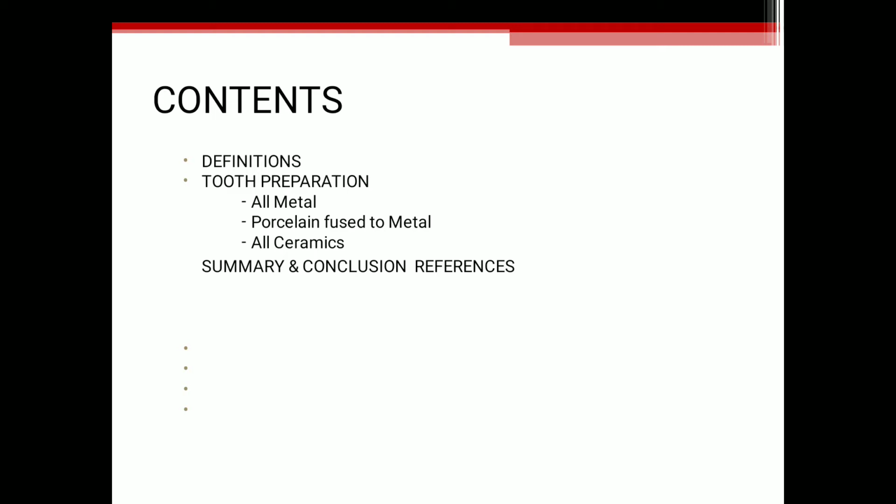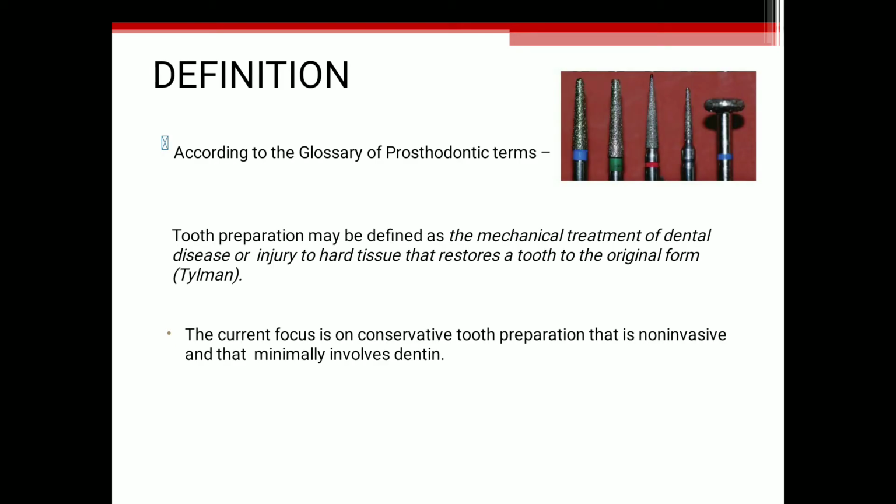Contents of this presentation include definitions, tooth preparation, cast metal as well as porcelain fused to metal, conclusion and references. According to the glossary of prosthodontic terms, tooth preparation may be defined as a mechanical treatment of dental disease or injury to hard tissue that restores a tooth to its original form.